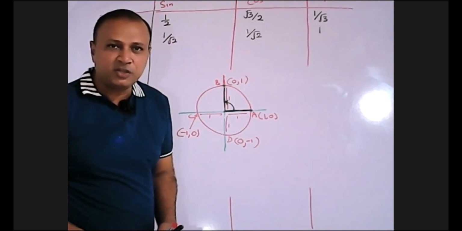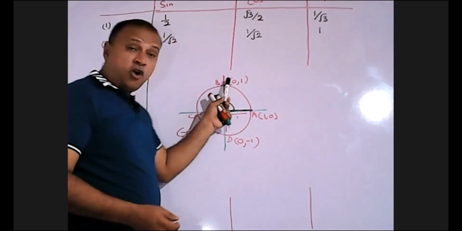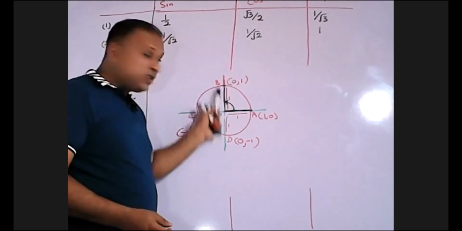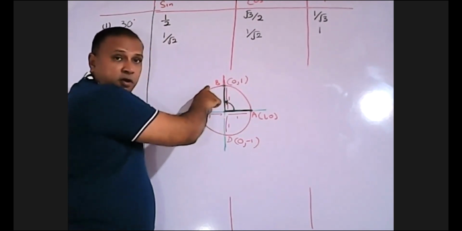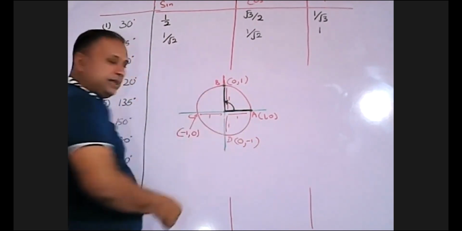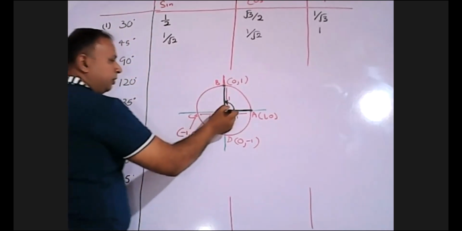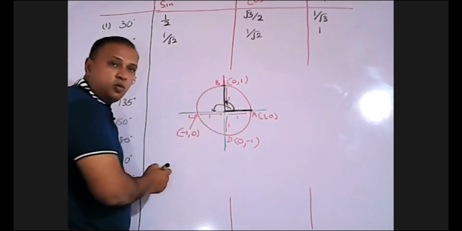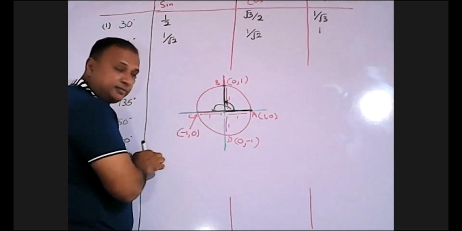Everyone, I need your response. Yes, sir. Therefore, cos 90 is equal to the x coordinate of the corresponding point. Then you can go to 180. Look at this, 180.